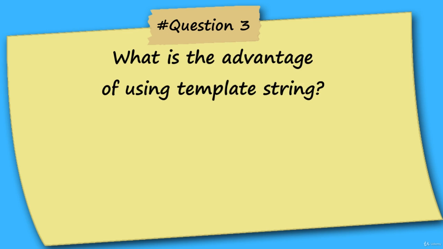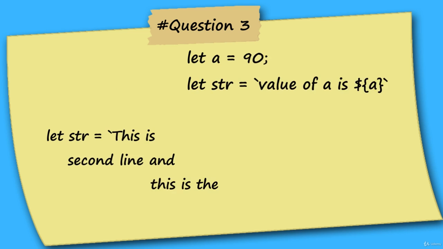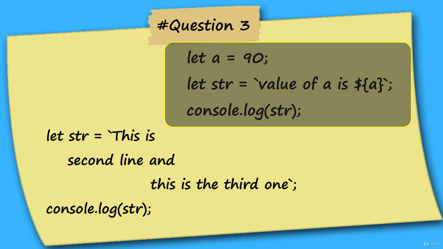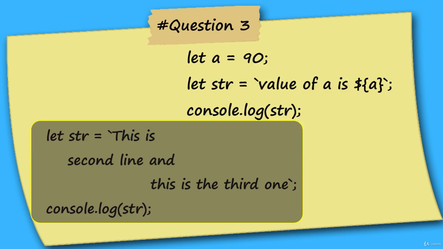The third question is, what is the advantage of using the template string? As I mentioned, these are the two advantages. One is that you can execute the expression without the end of the backtick, and the second is this one where the string was in a different format. The exact format of string, the way you have written the string, it displays as it is.